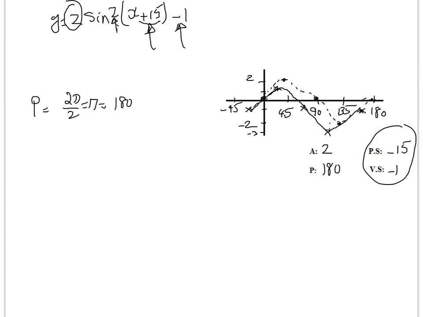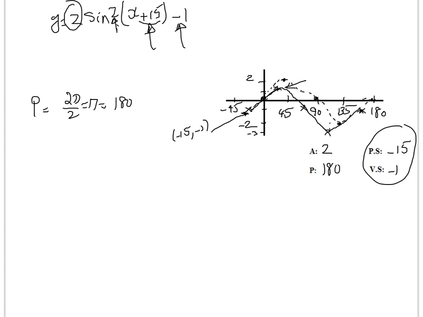Now, the last thing you have to do to get the full mark is to show me the coordinates of each point. For this point, I know that it is the transformation of 0, 0. So if I go 15 left and then 1 unit down, this point is negative 15 and negative 1. Then I go to this point. This is the transformation of the point 45 and 2.